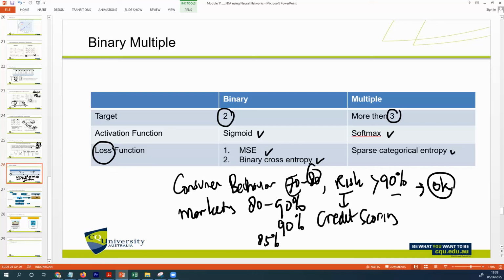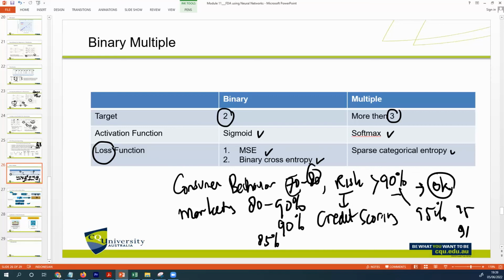It also depends on the appetite of the high level management. They can set the threshold at 95%, so you need to conduct the neural network to get training and testing above 95%. But if the training is 95 and the testing 91, that will be a problem, because it is below the threshold of the high level management.